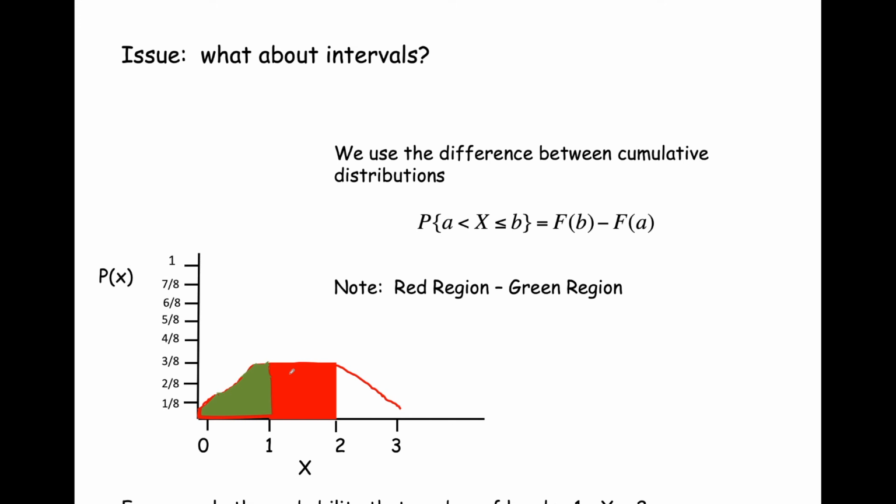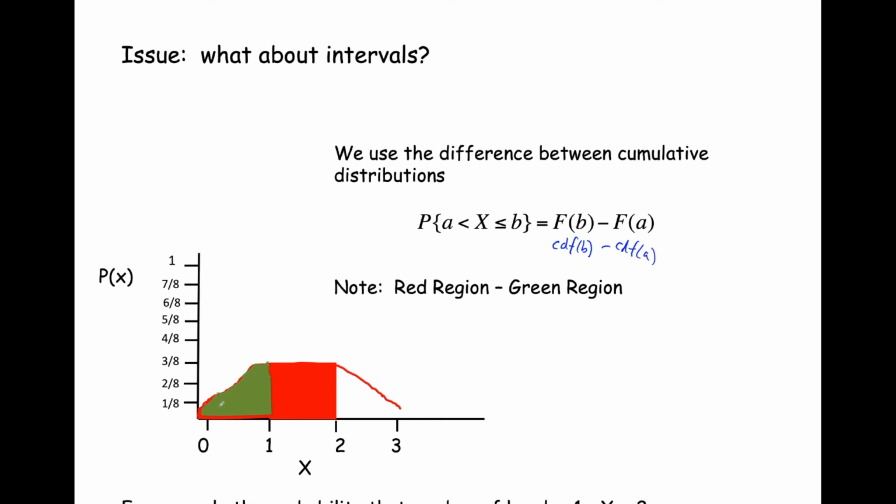And so here we say the probability that a random variable x is between a and b, where a and b are values, so x takes on the value greater than a, less than or equal to b, is nothing more than the CDF evaluated at b, and then you subtract from that the CDF evaluated at a.